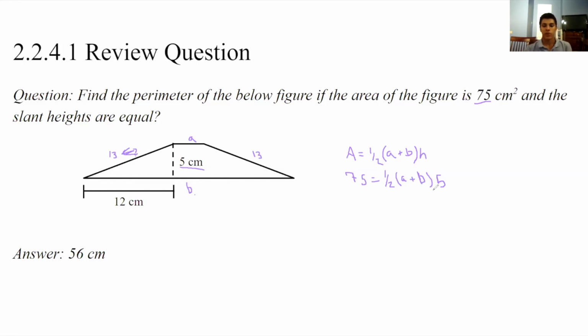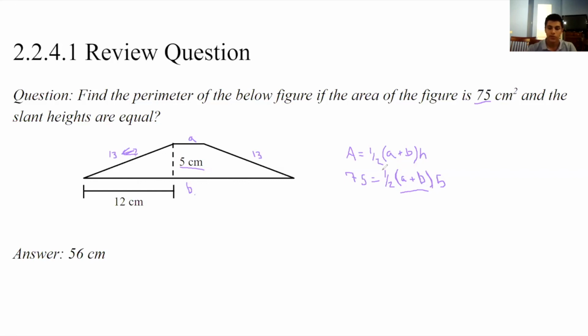So now we have a bunch of different values, and since we need to know what the values of A and B are, because remember our perimeter is the sum of all our side lengths, if we know the sum of A and B, that's also fine. Then we just need to solve for A plus B, and we can consider this as one term together. So we can solve it as if we're solving for A plus B with any of our algebra skills.